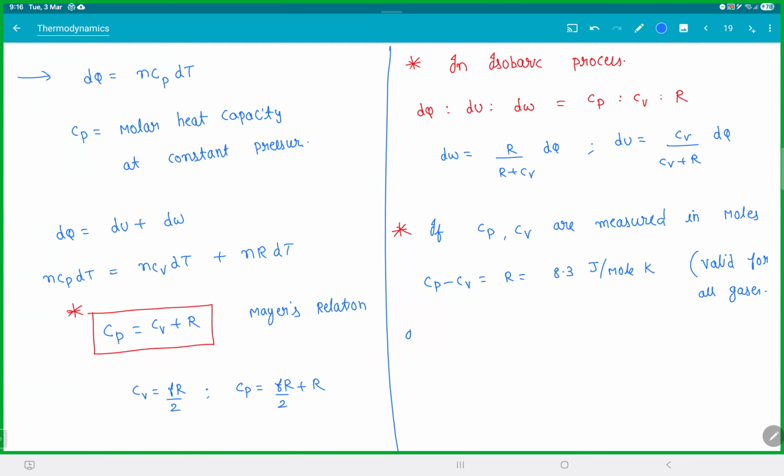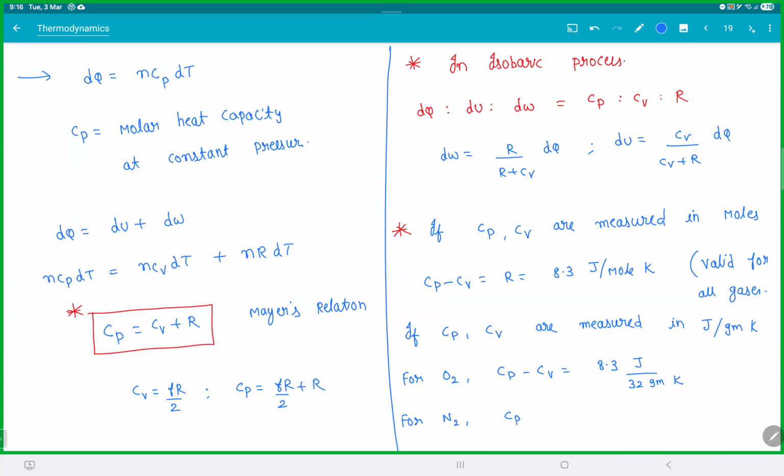But if you mess up the units and measure Cp and Cv not in moles but in joule per gram Kelvin, then see what happens. For oxygen, Cp minus Cv will be 8.3 joule per 32 grams Kelvin, as 1 mole of oxygen is 32 grams.